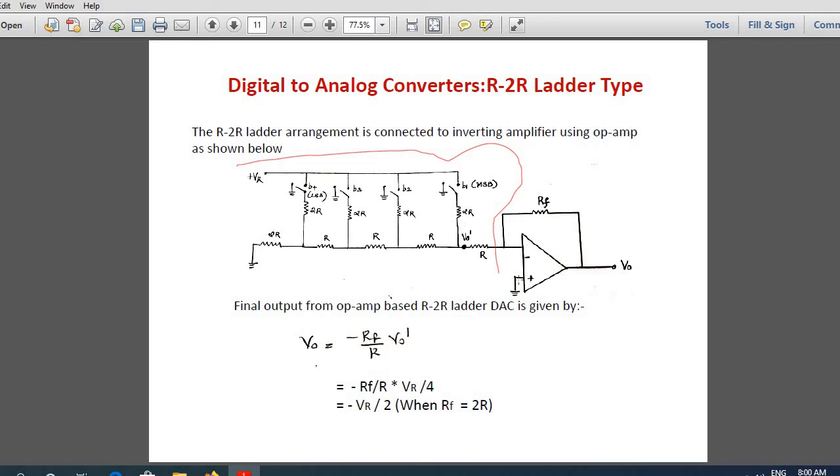It is again working in inverting mode. We don't know the current value here, and this is a different type of arrangement. It is very difficult to calculate the individual branch currents because there is an additional R coming in between.